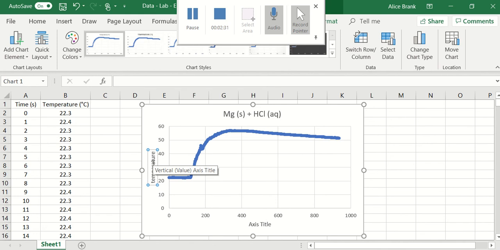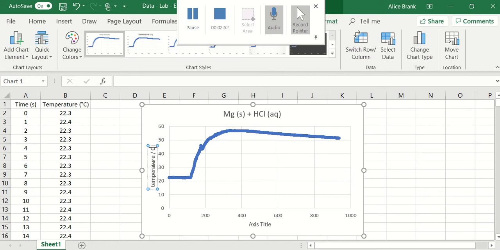I would say plus or minus 1 second. So our temperature is in degrees Celsius, then the uncertainty, or you can just put plus or minus 0.1 degrees Celsius. So that's what I'm going to do.